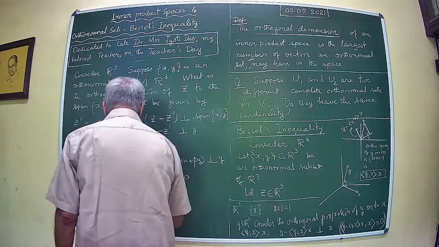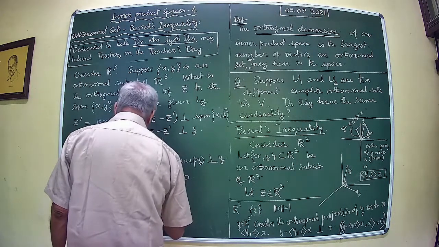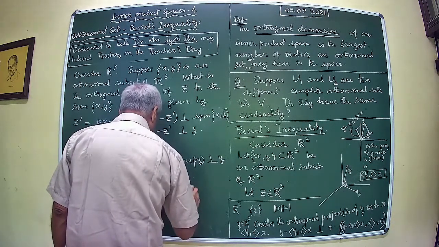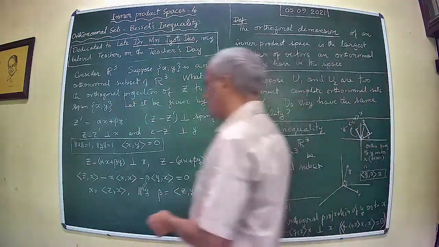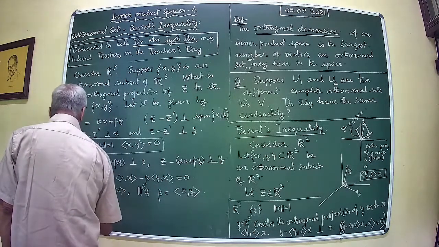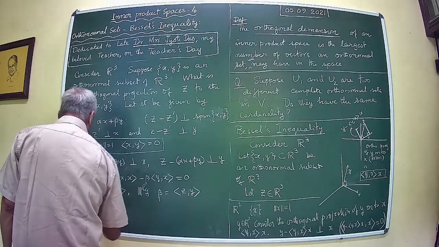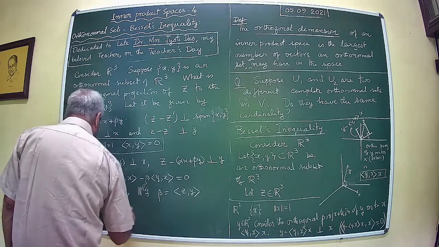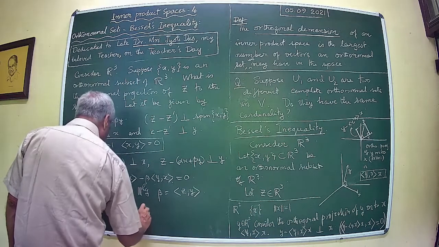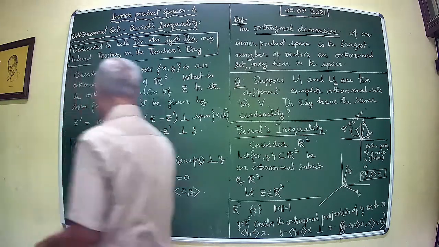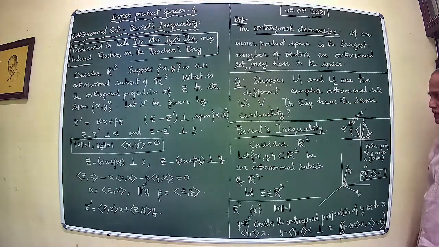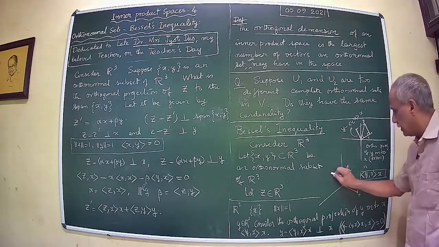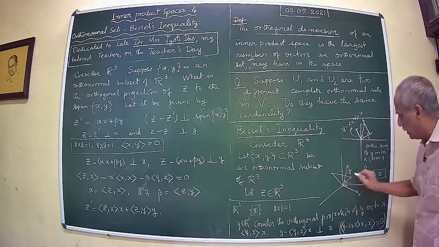Similarly, beta equal to inner product of z with y. Therefore the orthogonal projection z prime is equal to alpha x plus beta y. This is the orthogonal projection to the space spanned by x and y.